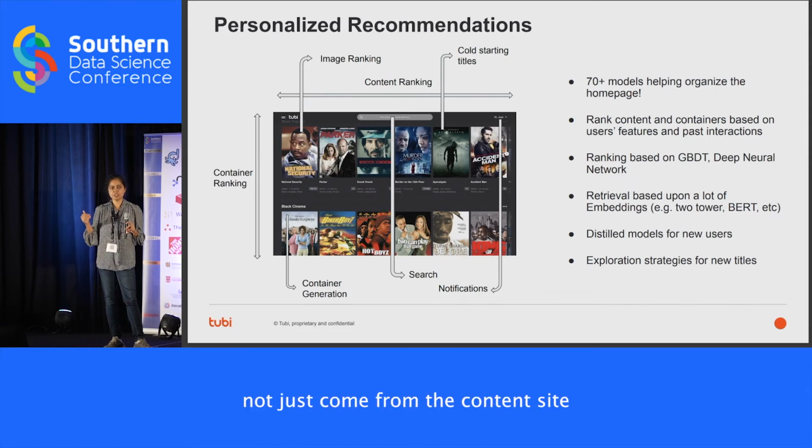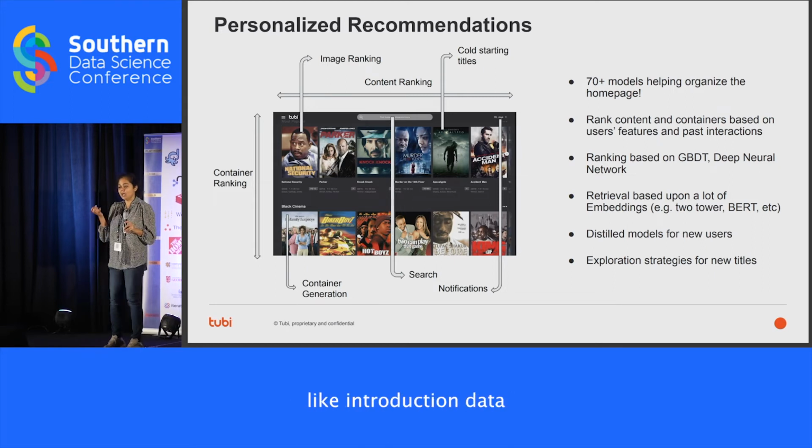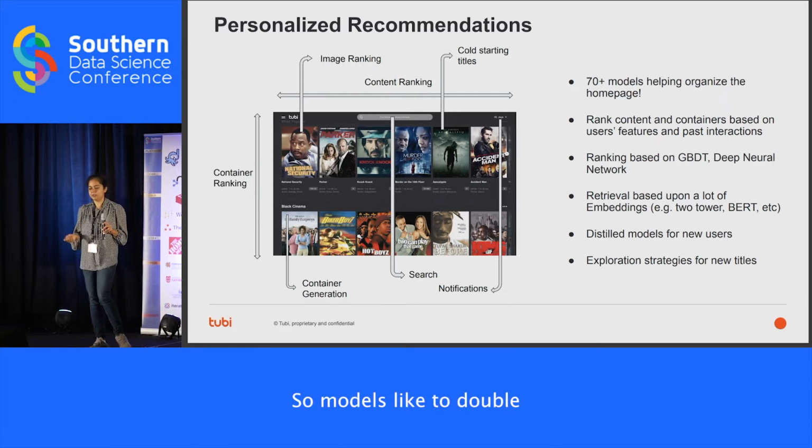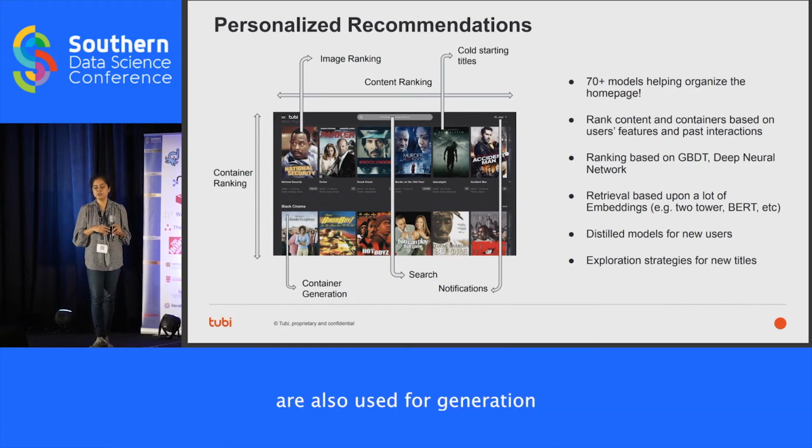These embeddings not just come from the content side, like I spoke about earlier, like BERT, Doc2Vec, knowledge graph, but are also based upon interaction data. Interaction data is extremely useful as well, and as you all know, interaction data helps power the recommender system. So models like Two-Tower and others are also used for generation of these embeddings.